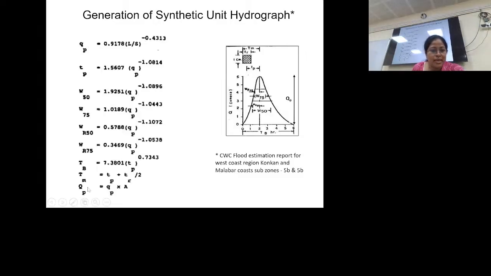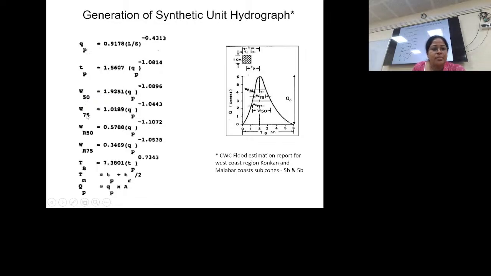From this QP we can find capital QP, the discharge for that particular catchment, that is QP into A. Depending on this QP we can find TP, the time to peak. We can see here this is the time to peak, so we get the x value of this point, TP. TP depends on QP.